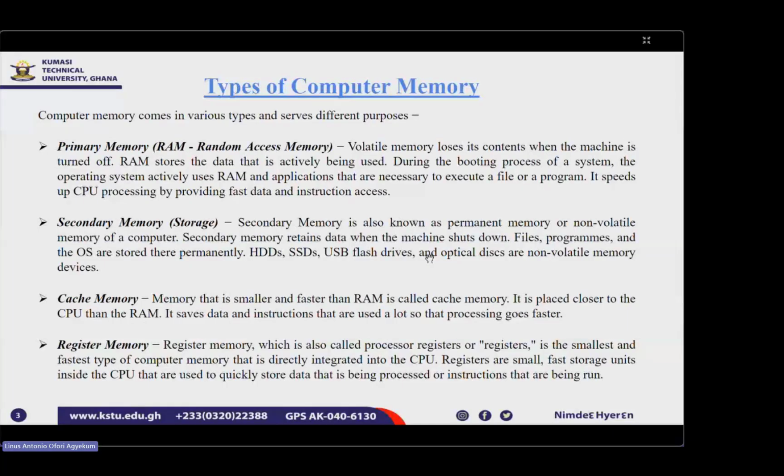Now, what are the types of memory? Like we said earlier on, computer memory comes in various types and serves different purposes. So we have the primary memory, which in most cases we call the RAM, or the random access memory. And it is also a volatile memory. When we say something is a volatile memory, what it means is that it loses its content when the machine is turned off.